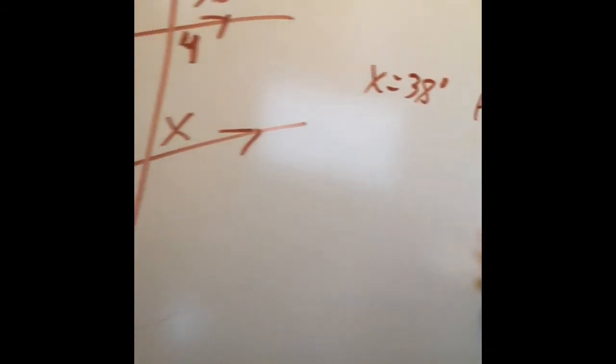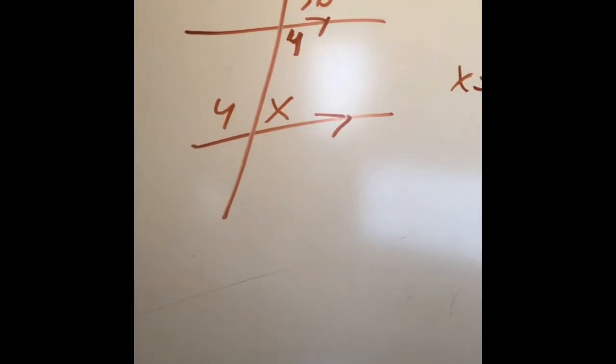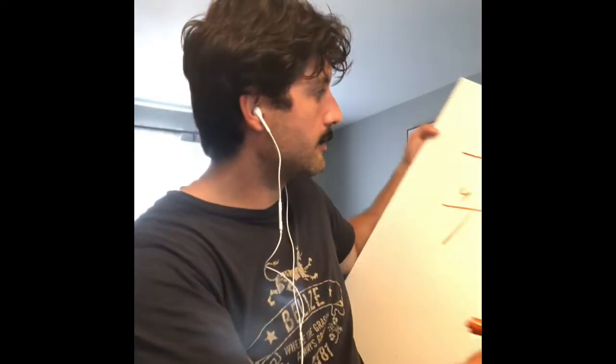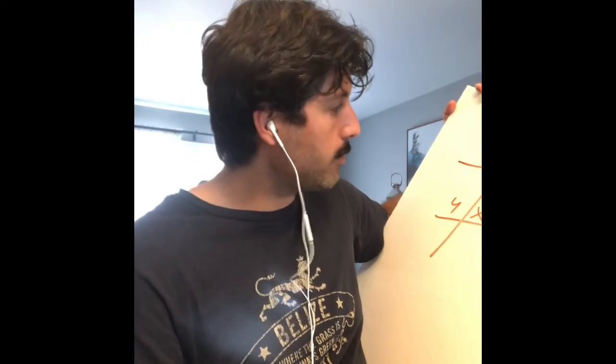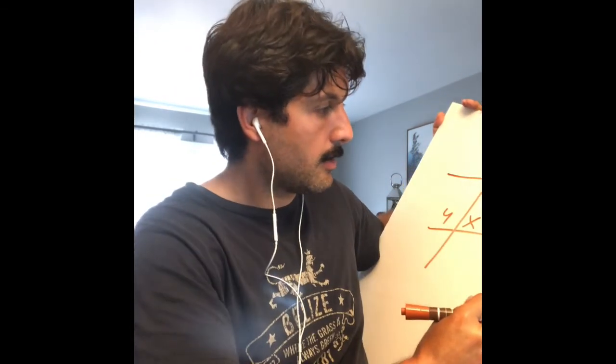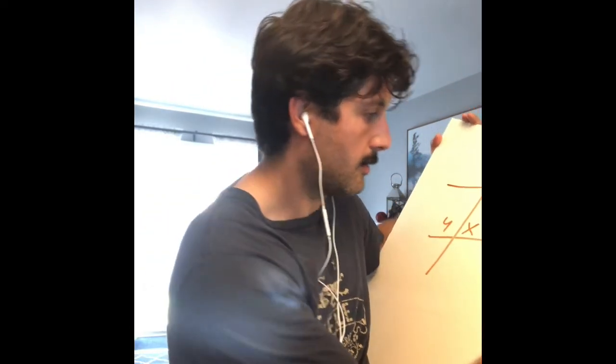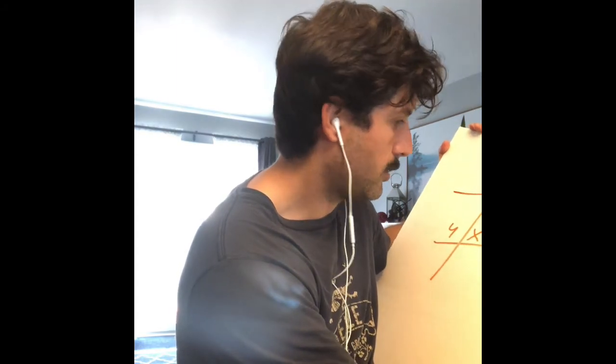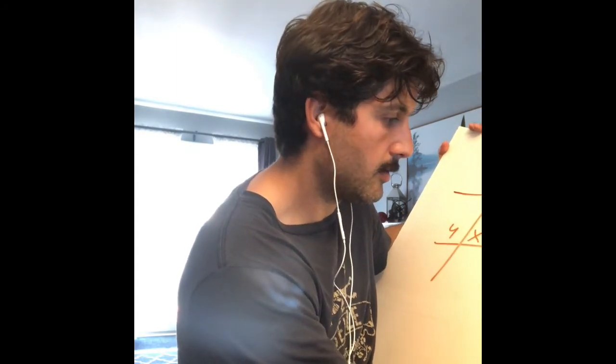So I'm looking and I've got a Y. I just added a Y because of Z pattern. So that's true. And it doesn't really solve my problem, but it does get a complementary angle. So there's a straight line, and 38 plus Y equals 180 degrees because it's a straight line.